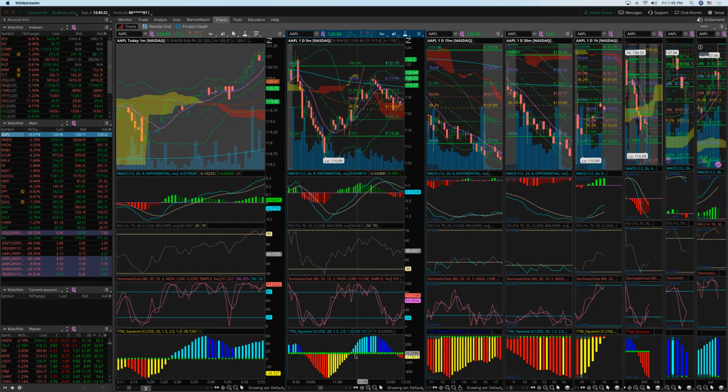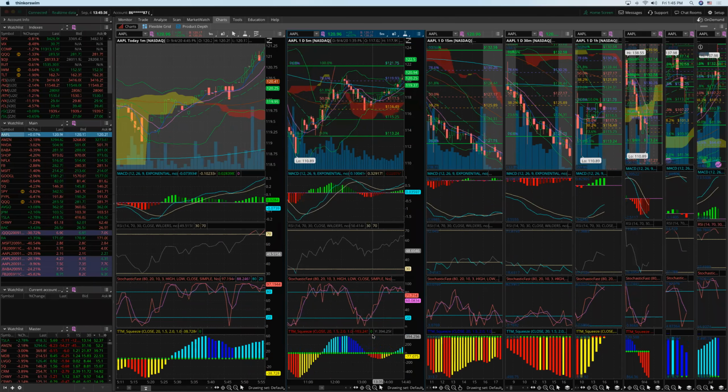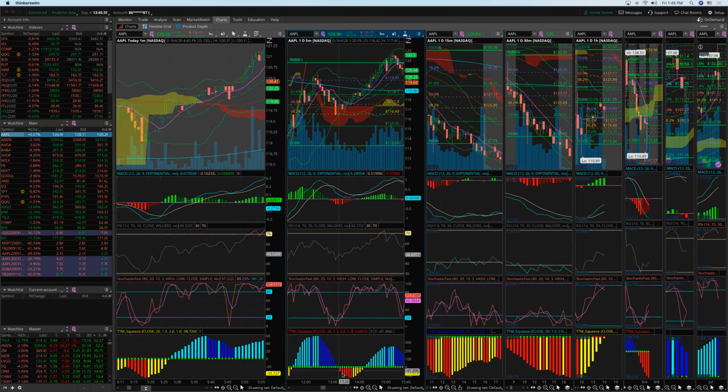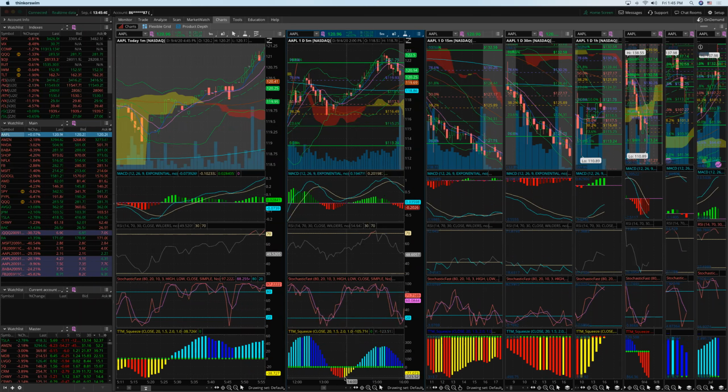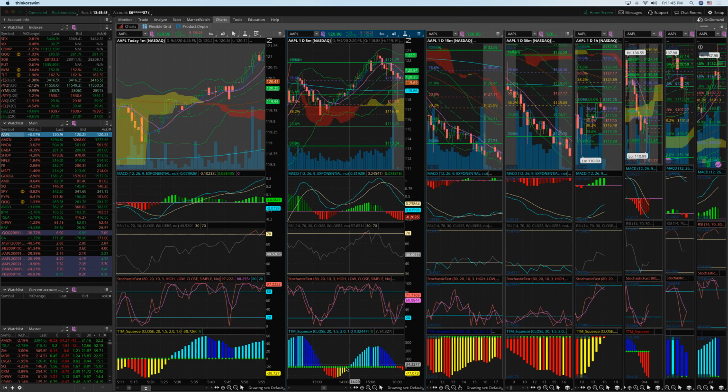And when you see a mountain like this turning flat, you want to get out sooner than later. Then again, you get a reversal here, you want to get in again. You don't want to miss it. So when you see red turn to yellow and the bar starts rising, you want to grab it before it's too late and wait until this rise stops.